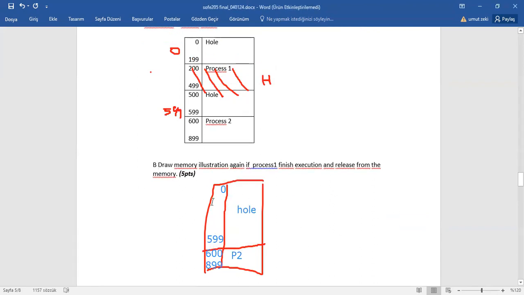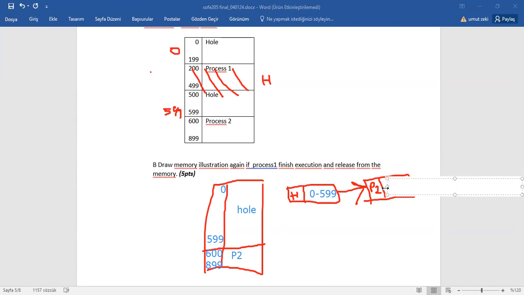And the next question says, draw the linked list view of this. It is very easy. Linked list view is just, you have two different types. Here you have to put hole. Here you have to say process 2 and write the numbers 0 to 599, and here 600 to 899.